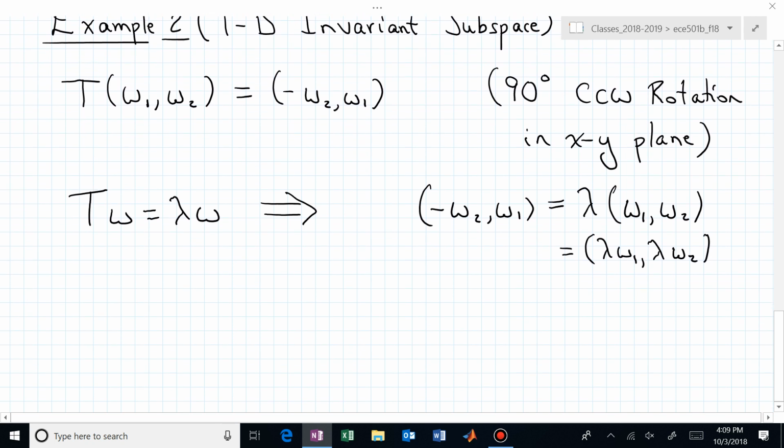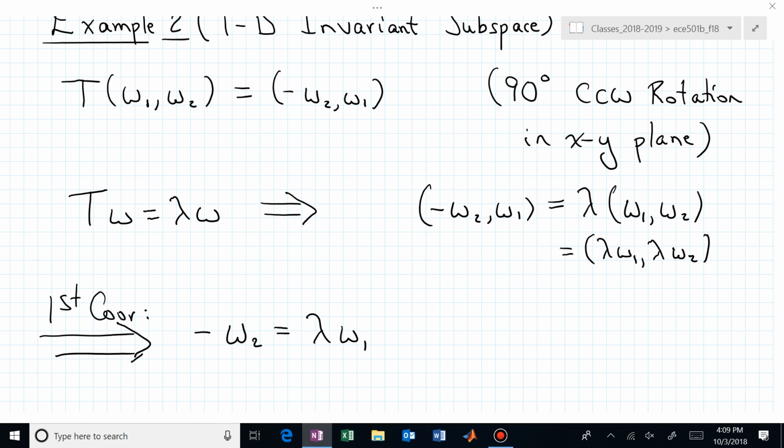We're trying to see, can we find values for w1, w2, and lambda that satisfy this relationship? And now we have really two equations, one for each of the coordinates or elements in that equation. If we look at the first coordinate, that says minus w2 is equal to lambda w1.